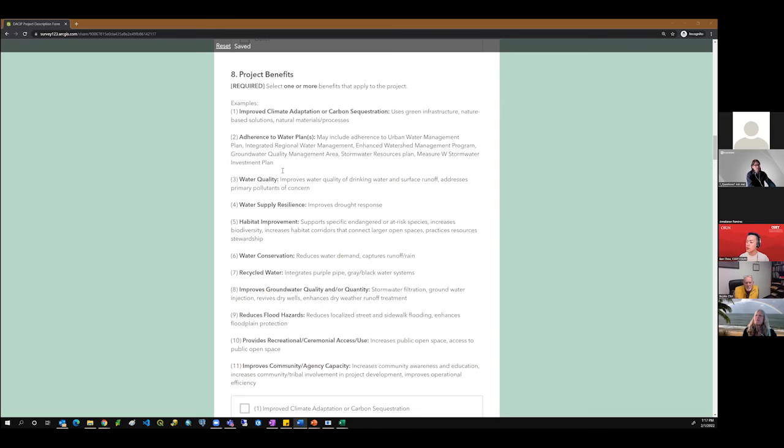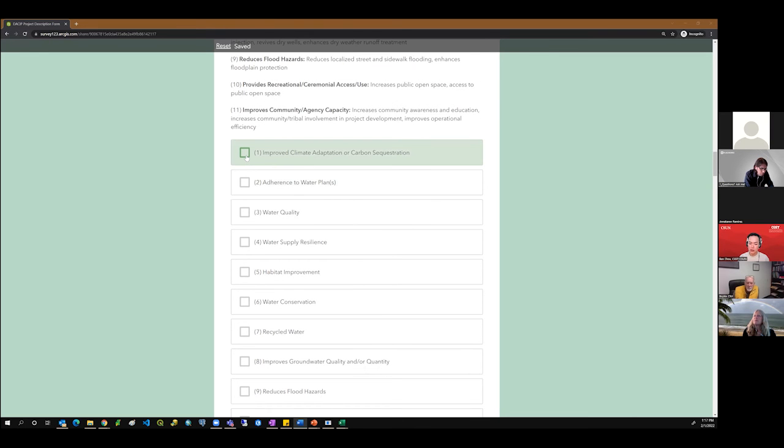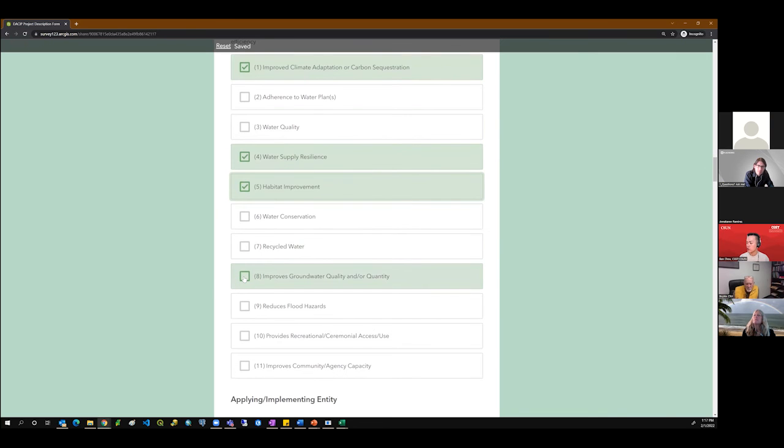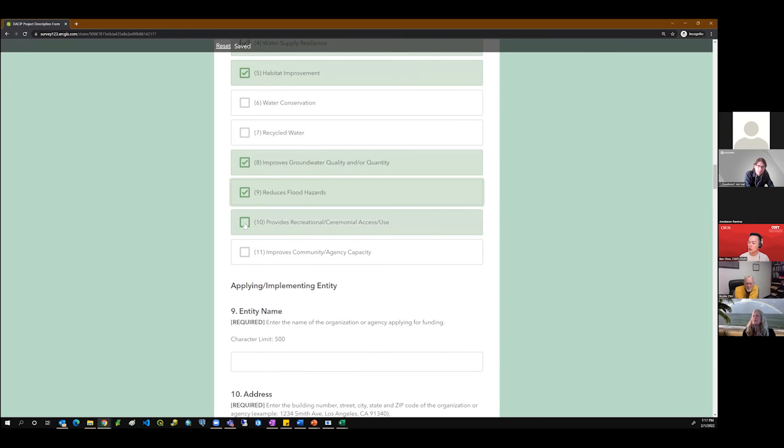So for this example, stormwater capture project, there are many anticipated benefits, including improved climate adaptation or carbon sequestration, water supply resilience, habitat improvement, improvements in groundwater quality and or quantity, reductions in flood hazards, and also recreational access and use.